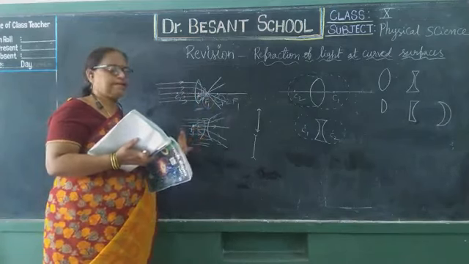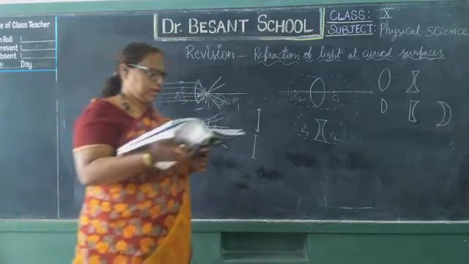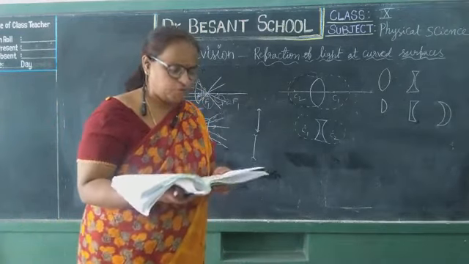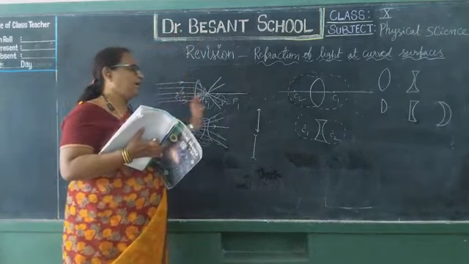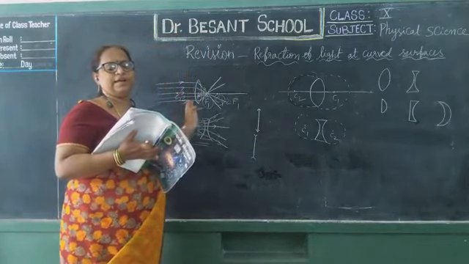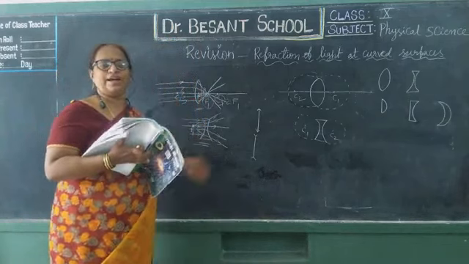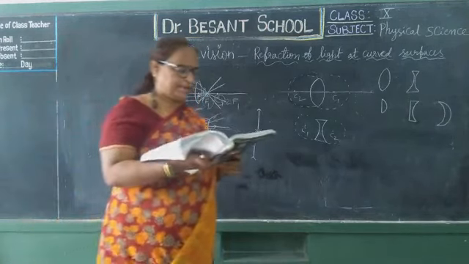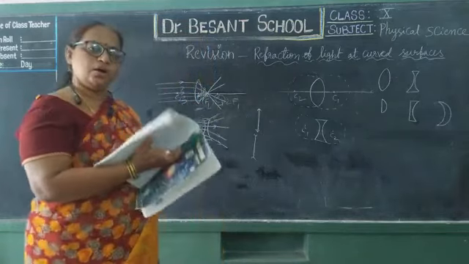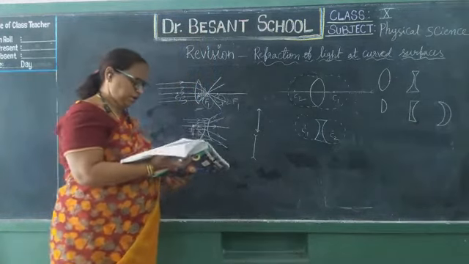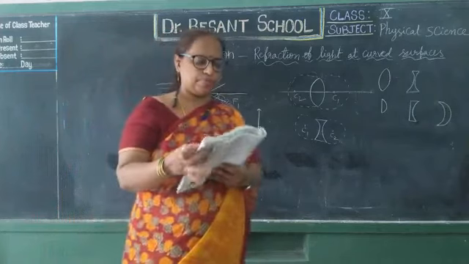For concave lens, they will diverge from focus. Situation 4, a ray passing through focus. Then all the refracted rays will be parallel to the principal axis for convex lens, and for concave lens also they seem to be parallel to the principal axis.